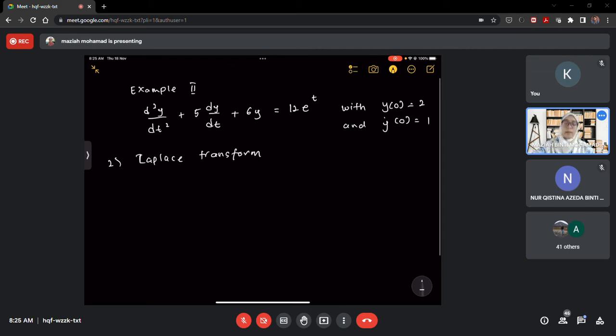Can you tell me the Laplace form for the second differentiation? Anyone?